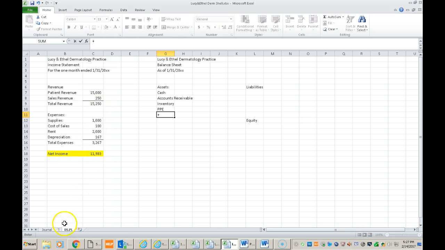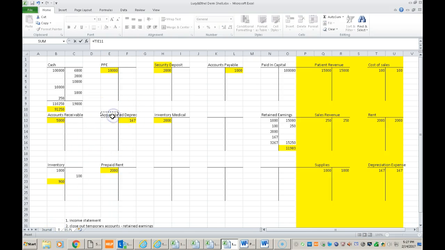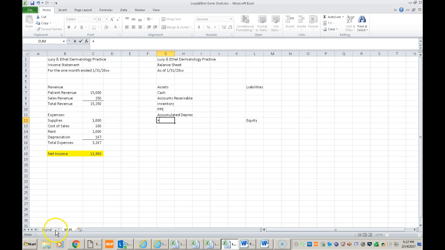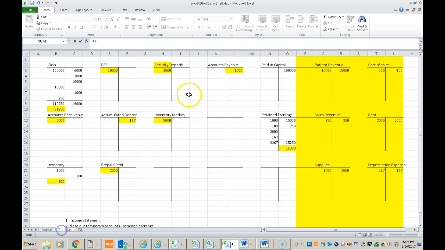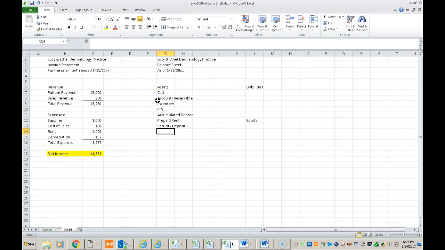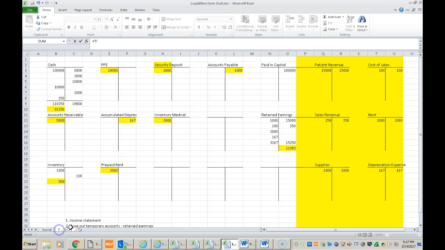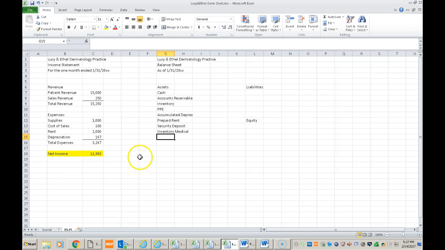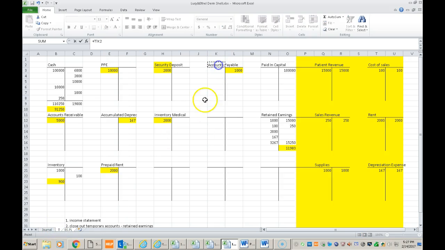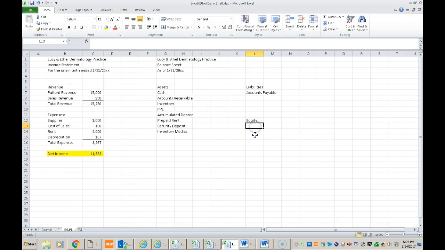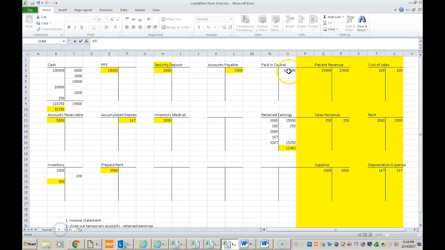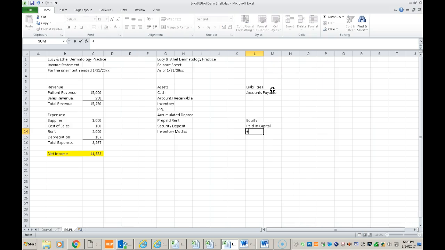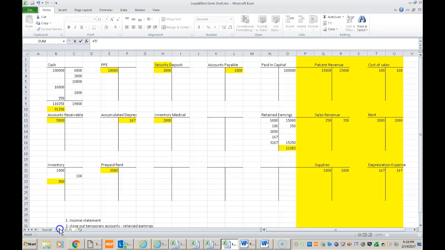We're going to have accumulated depreciation, prepaid rent, our security deposit, and our inventory supplies. Okay, under liabilities, we're going to have just accounts payable. And under our equity, we have paid in capital, and of course, retained earnings.